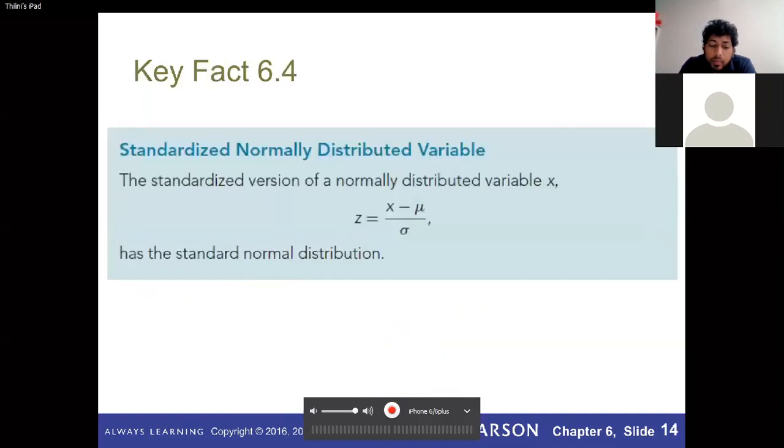If we have a normal curve, this is your normal curve. You have your mean mu here, you have sigma.